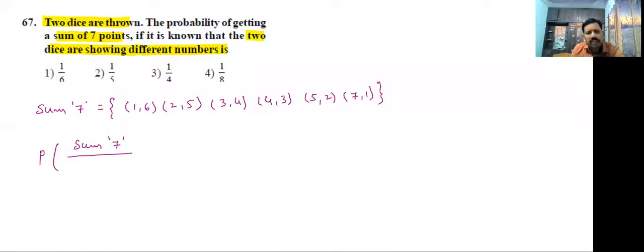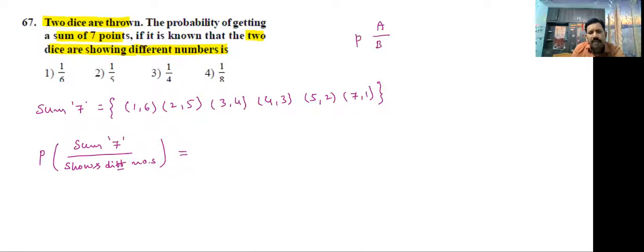Okay. Next, here we need to find the probability of getting sum 7, given that the two dice show different numbers. Now see, by using conditional probability, what can we write? Suppose A is sum 7 and B is showing different numbers.